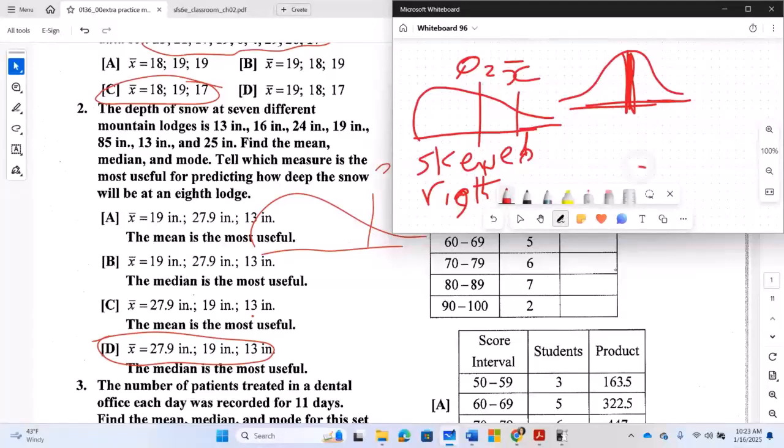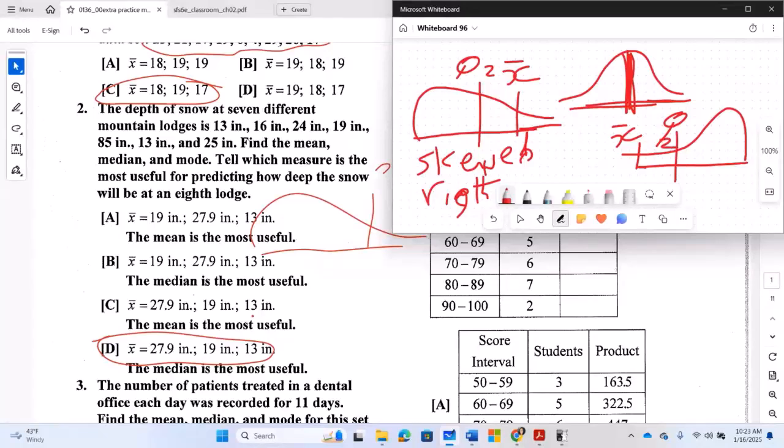Well, if the data is skewed left, you still make decision with the median. When the data is skewed left, it means that mean is less than the median. So you make a decision with median.